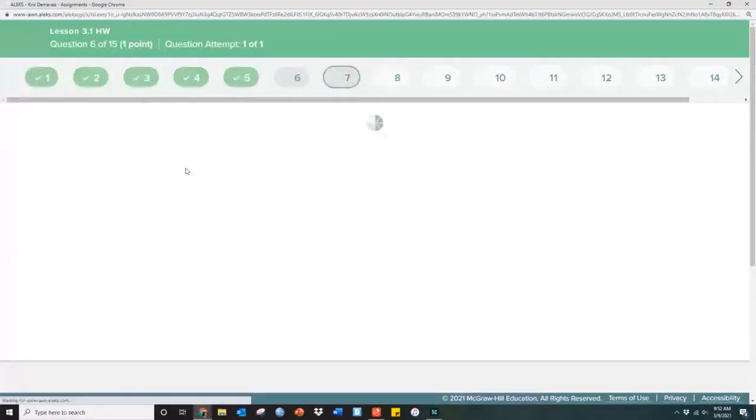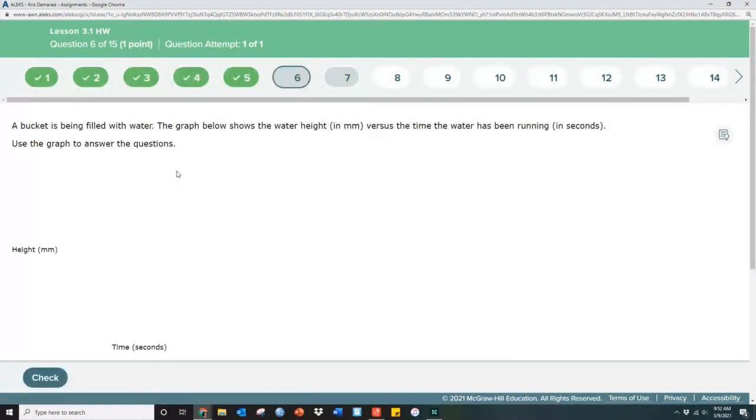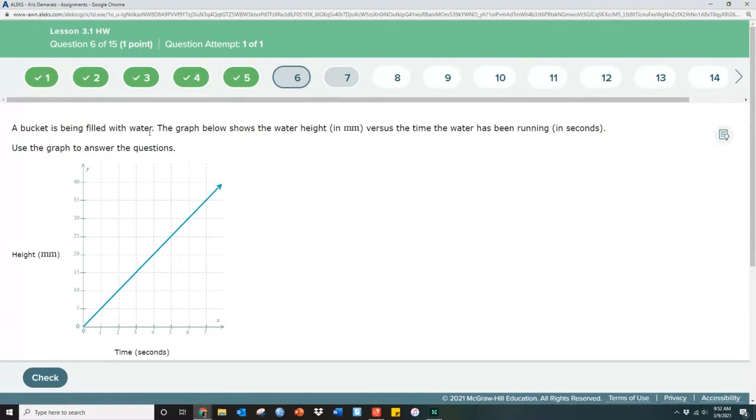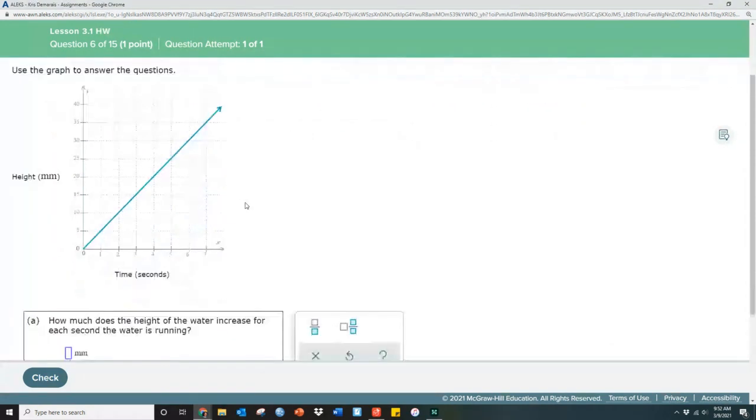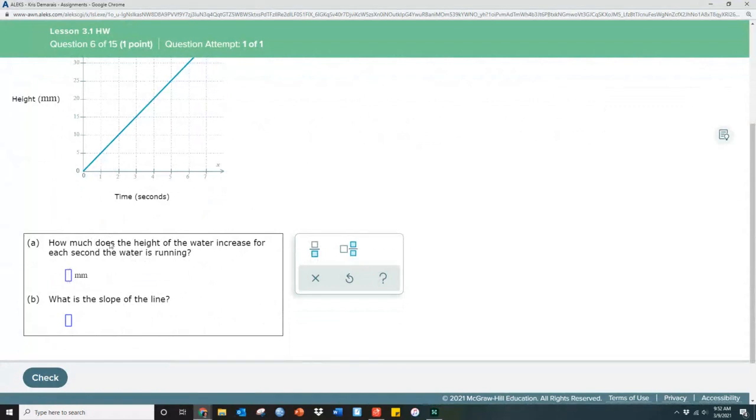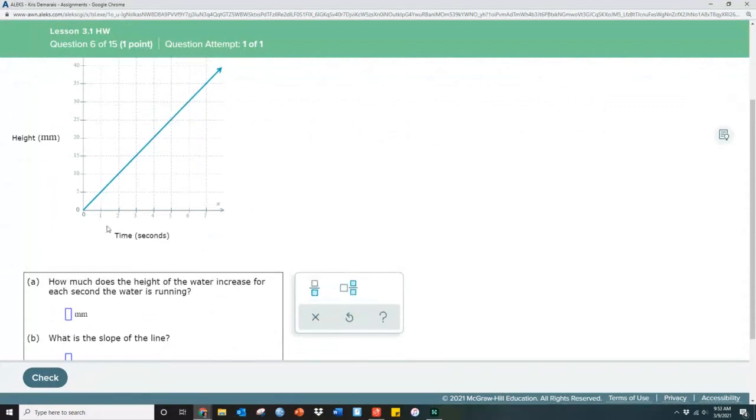Okay, now these questions right here. The bucket is being filled with water. The graph below shows the water height versus the time the water has been running in seconds. Use the graph to answer the question: how much does the height of the water increase for each second the water is running? 1 second goes by, the height increases by 5 millimeters.